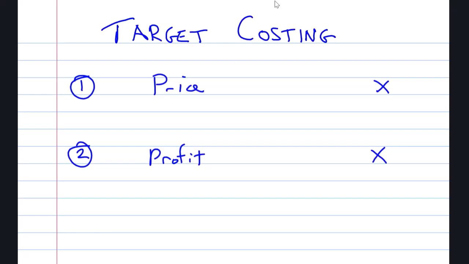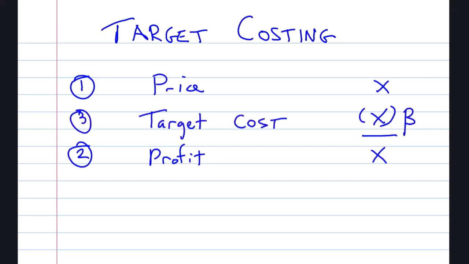Now that we understand the price and the profit, the target cost is the last step, and that becomes a balancing figure. The target cost then becomes the objective for the production department. Can they produce at that target cost per unit?